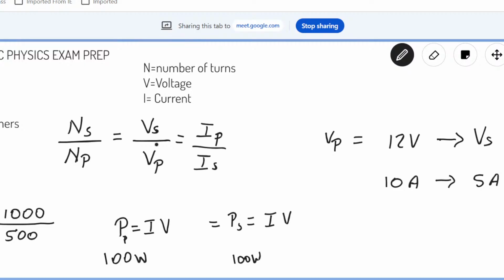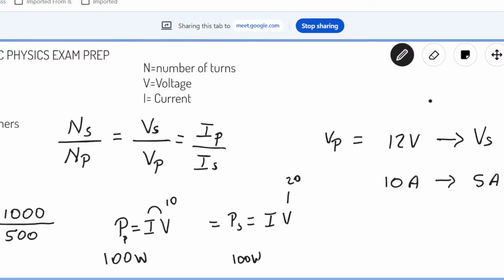That means that when you multiply the current times the voltage, it should give you 100. So if the voltage was 10 before and you step it up to 20, when you multiply the voltage by the current, it should still give you 100.